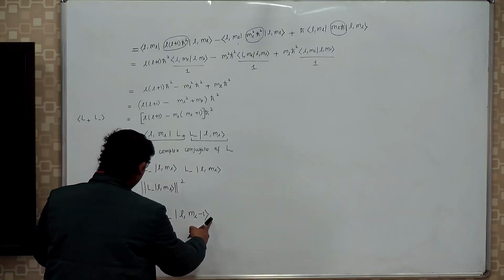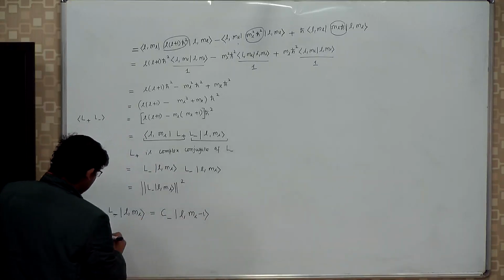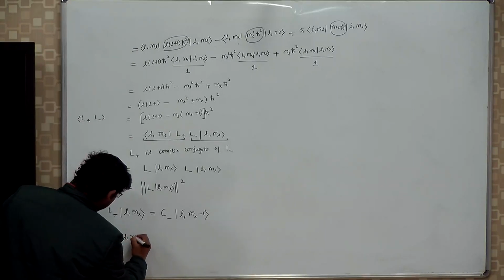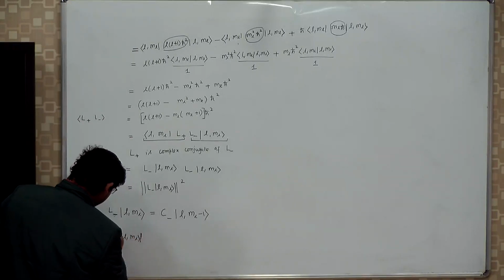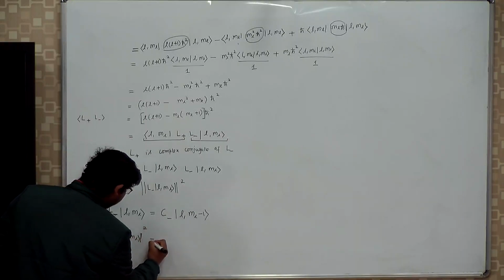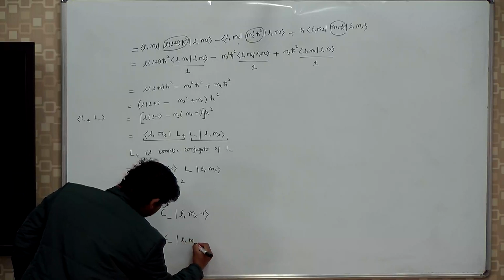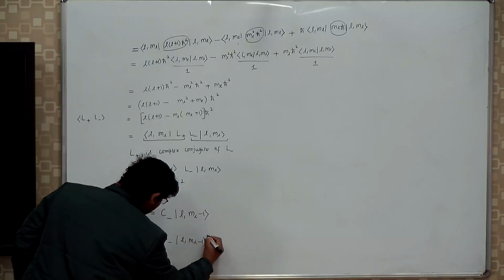If you take the square of this equation, then one can write L minus L comma m L is equal to C minus L comma m L minus 1.